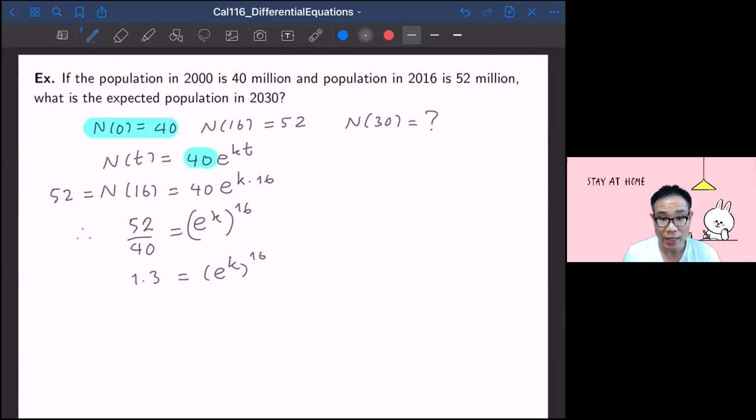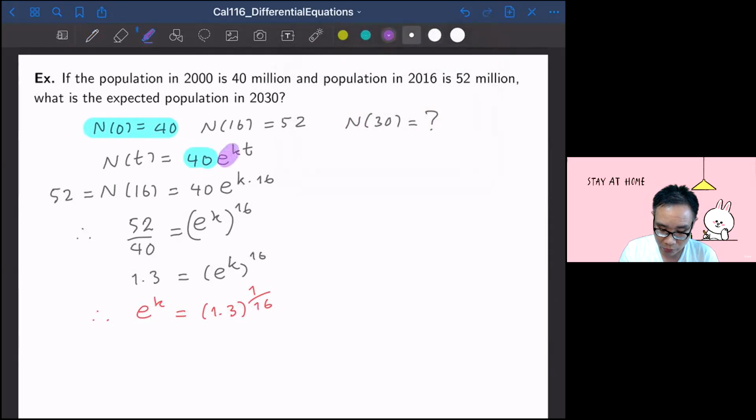We don't need k, we need e to the k. So I'm going to solve for e to the k. e to the k turned out to be 1.3 to the 1 over 16. Then you plug e to the k back into the original equation.